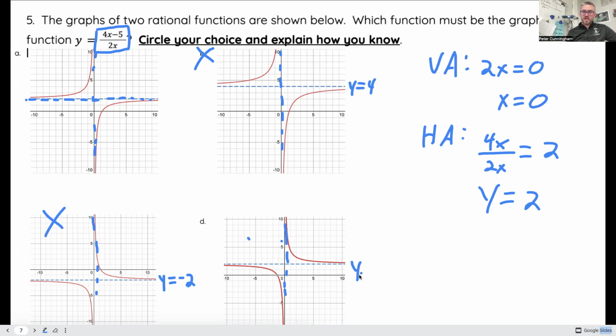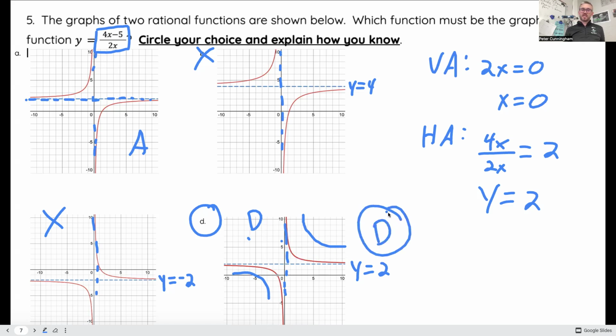Here, also y equals 2. All right, so I've narrowed it down to A and D. How do I know it's D? Because I have a positive. This is going to be a positive looking graph. Okay, this is what a positive one would be. You also could have substituted an x value in there to make sure it gave you the correct y value. So D is my answer.